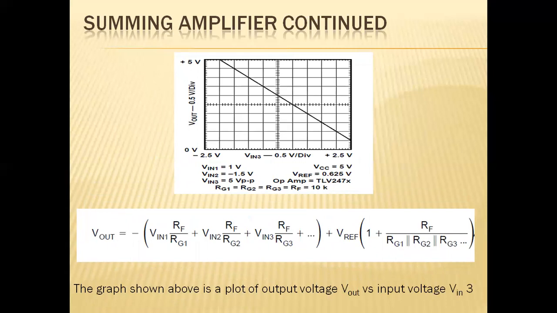As shown in the graph, it has been plotted of output voltage to the input voltages of three voltages. For example, considering input voltage 1 as 1 volt, input voltage 2 as minus 1.5, and input voltage 3 as 5 volts. So here it has been specified clearly the minus strategy and positive strategy.